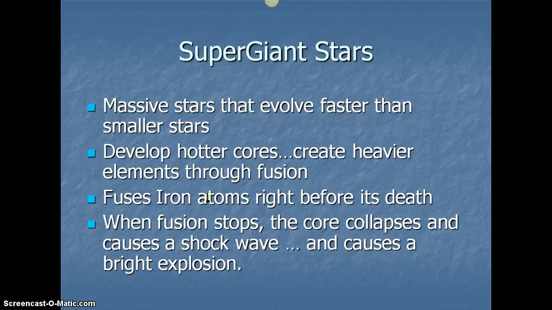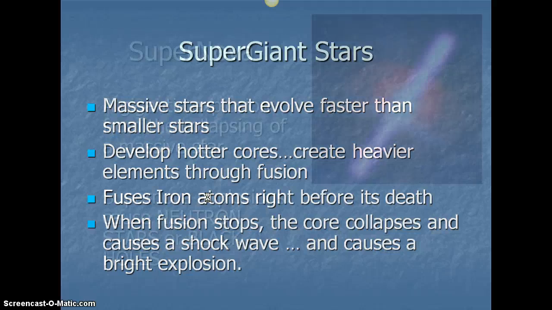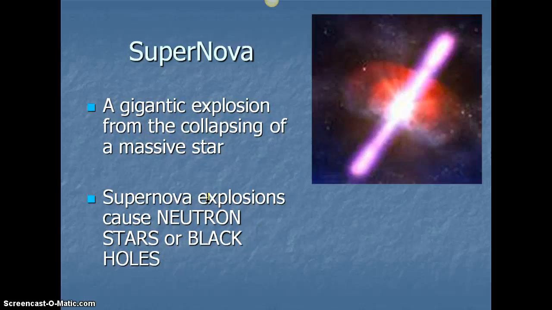Supergiant stars are massive stars, and they have hotter cores. They fuse heavier elements, and when they stop, they cause a shock wave, and it can cause a bright explosion when they die. A supernova is a gigantic explosion from the collapsing of a massive star, and these can cause neutron stars or black holes.